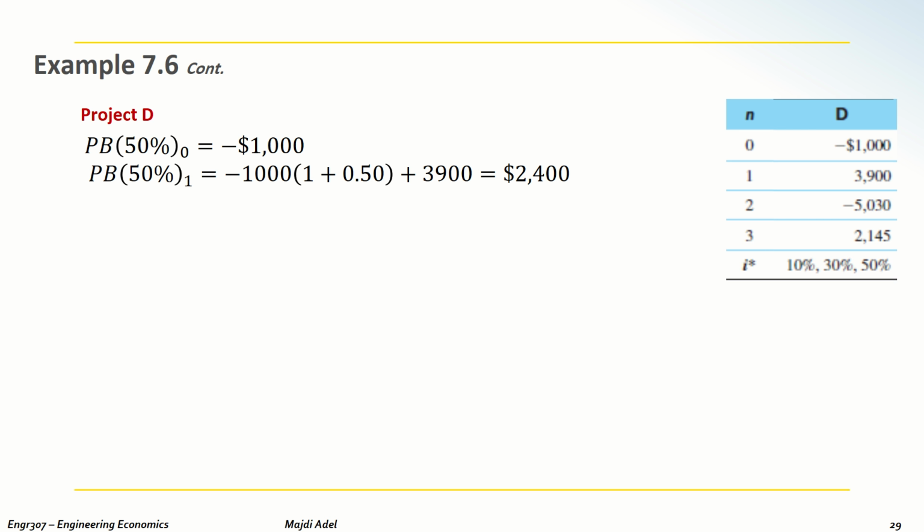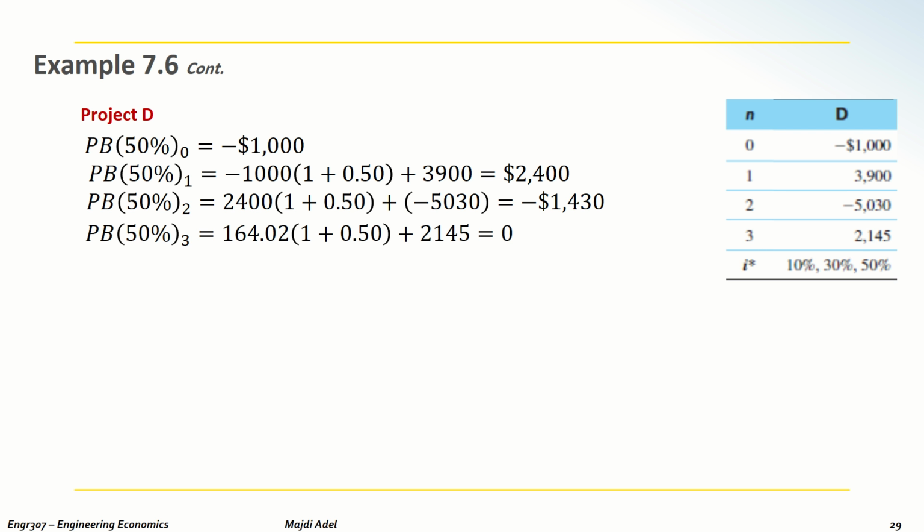At n equals 0, it's minus 1000. At n equals 1, minus 1000 multiplied by 1 plus 0.5 plus 3900, gives 2400. The second year, the project balance of the previous year multiplied by 1 plus i plus minus $50.30 equals minus $143. And at the third year, it should equal 0.